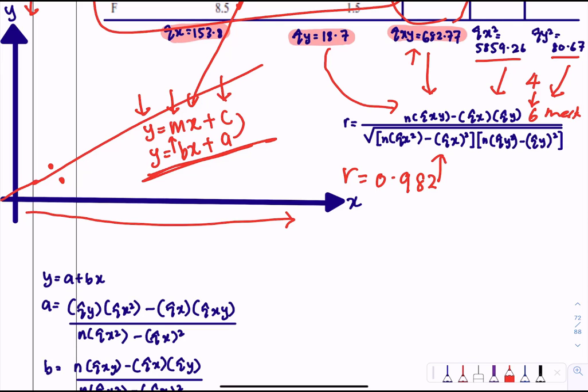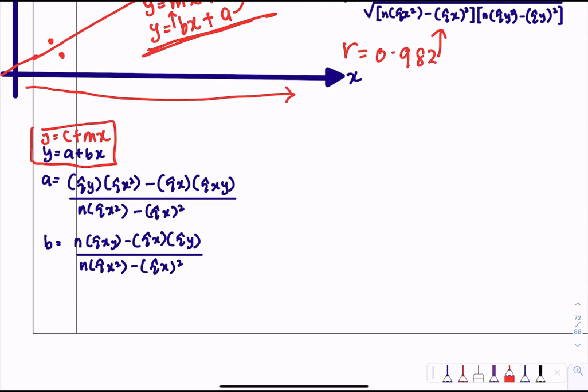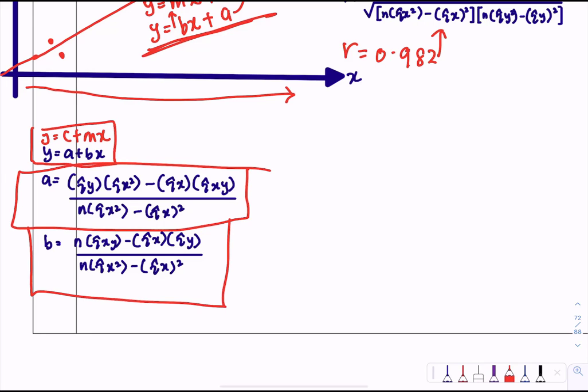What will happen if something changes in the number of cars? What happens to the Y? Then you need to use the formula. This formula is similar to Y equals C plus MX. This is the formula to get the value of A. This is the formula to get the value of B. Then you can have the answer.